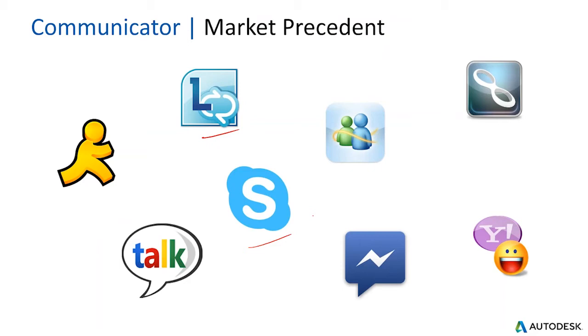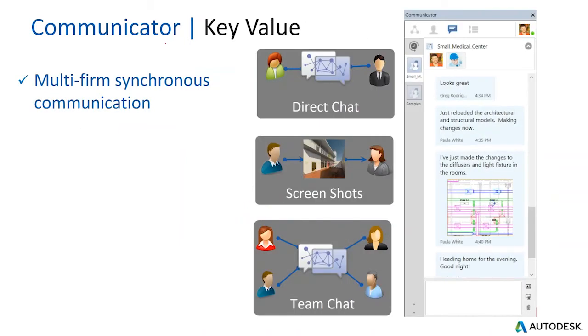Some people use text messaging or email. So what we have built into Collaboration for Revit is a tool palette called Communicator. And Communicator looks just like this. It launches as a separate window, and if you have 2 monitors, you can dock it off on a side window, and it runs in the background.